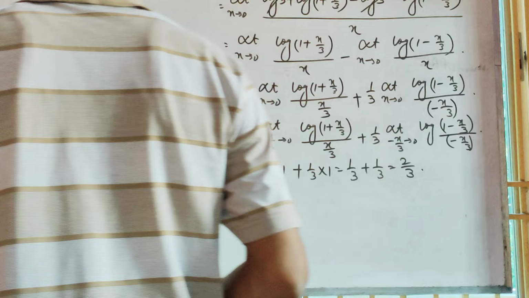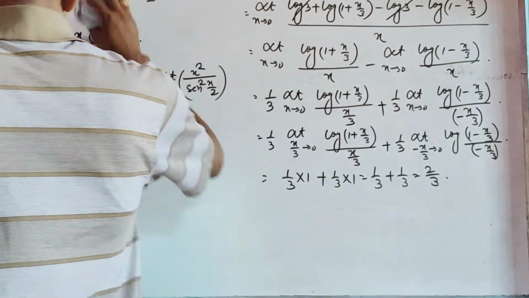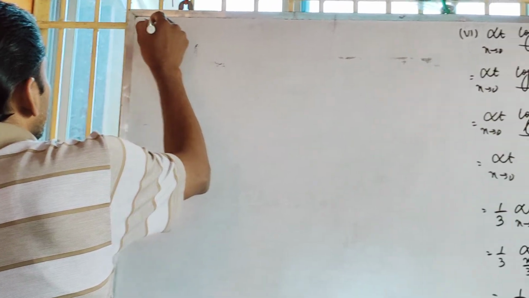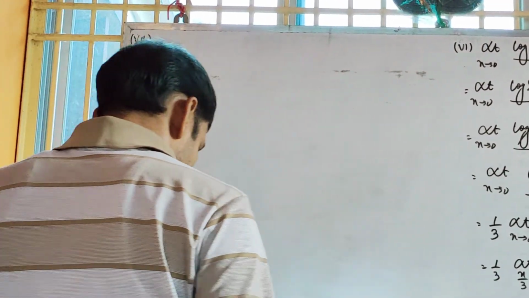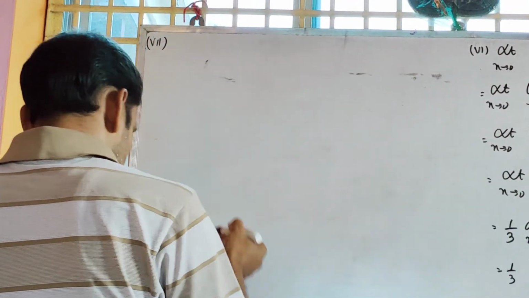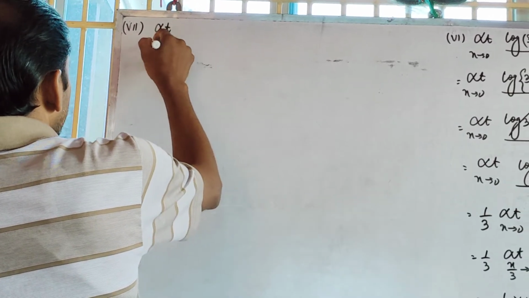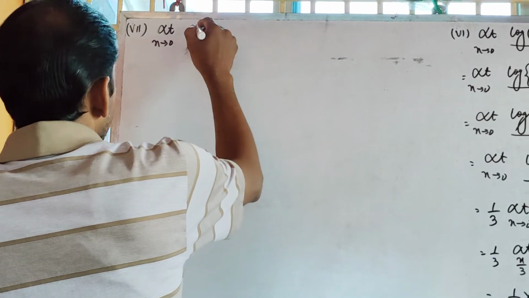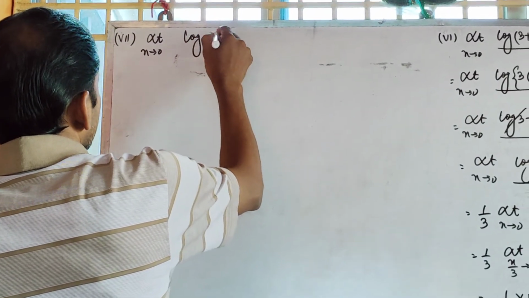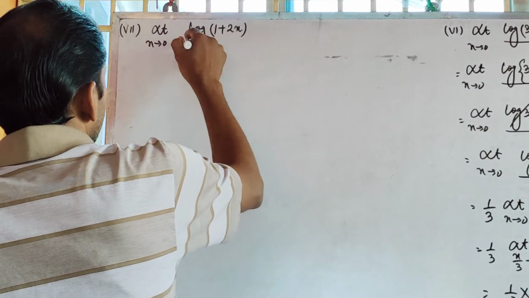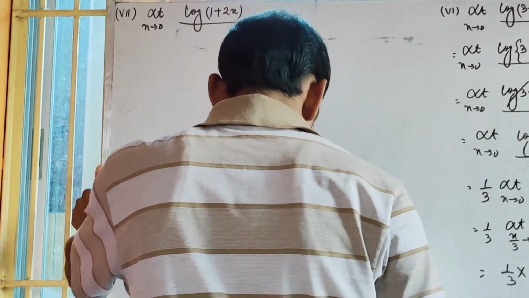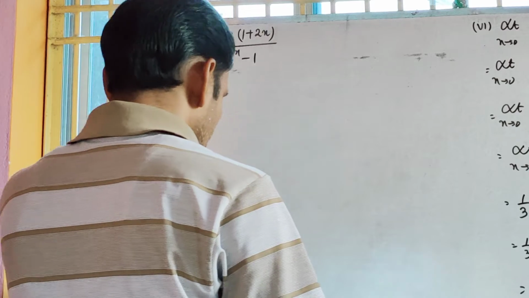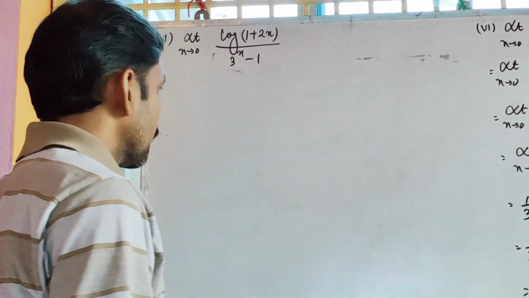And the last question, number 7. Limit x tends to 0 log 1 plus 2x whole divided by 3 to the power x minus 1.